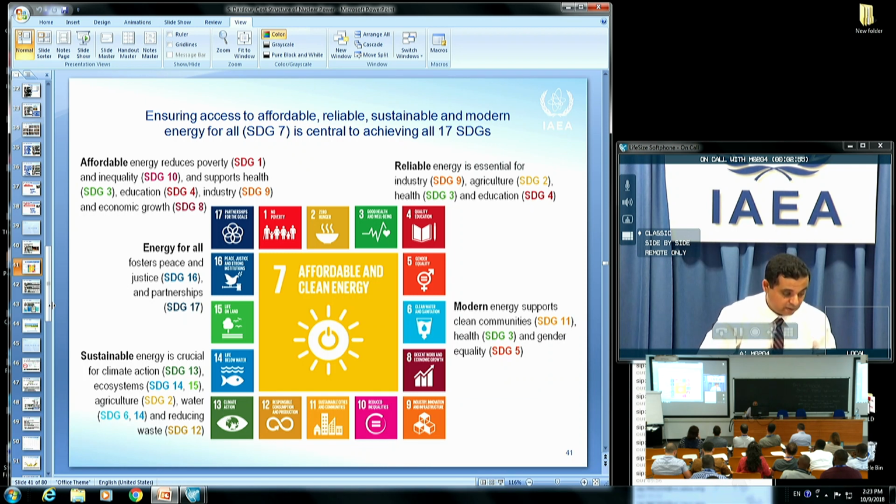Nuclear has significantly contributed to greenhouse gas emission mitigation, but it must accelerate growth in order to meet the objectives of the Paris Agreement, for instance.